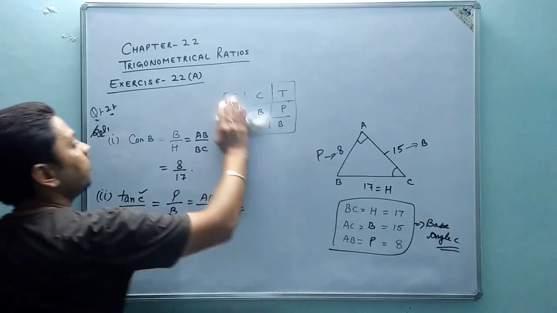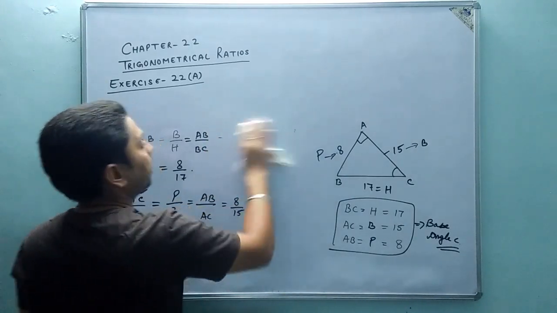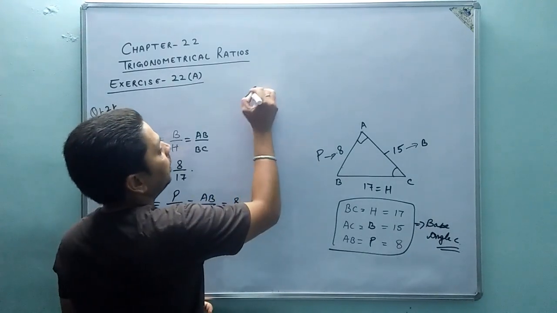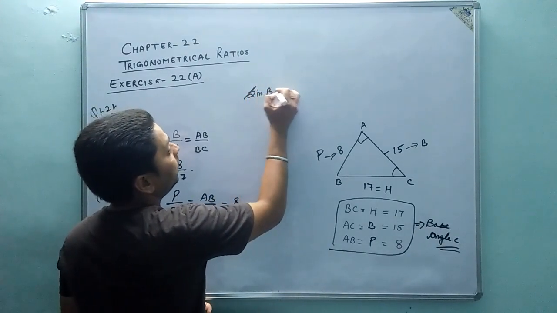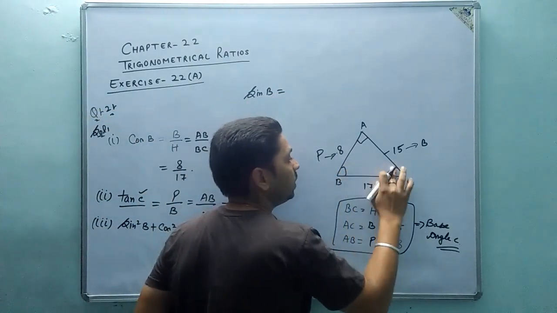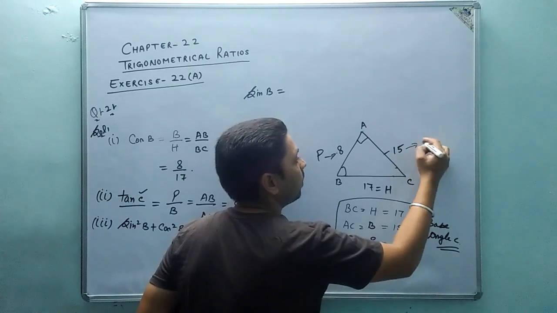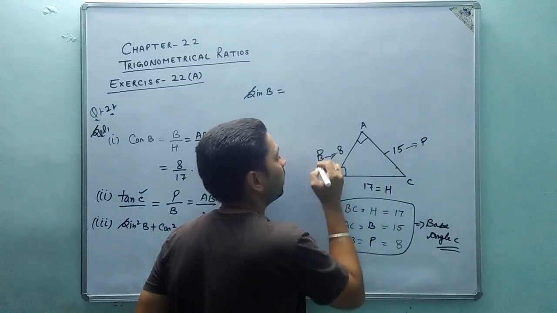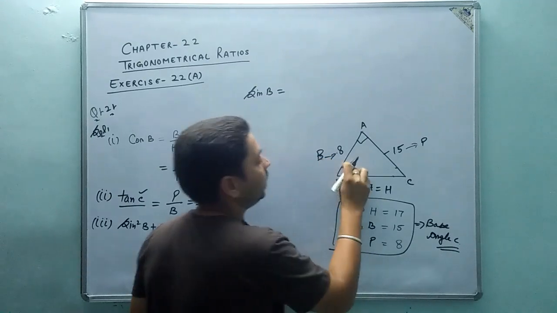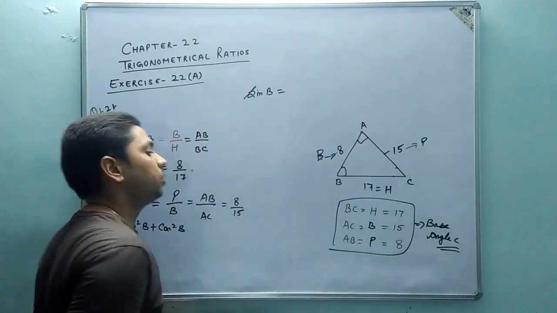The base angle is B, so this will be our perpendicular, the side opposite to the base angle, and this will be your base.